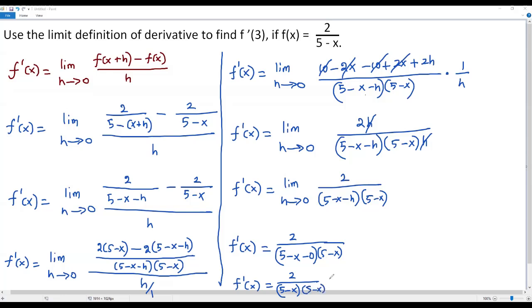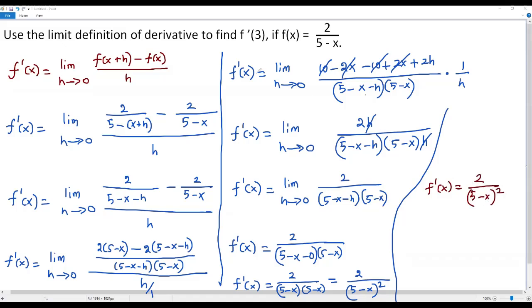So when I multiply, 2 over (5 minus x) times (5 minus x) becomes (5 minus x) squared. Now I've got f prime of x. So f prime of x equals 2 over (5 minus x) squared.